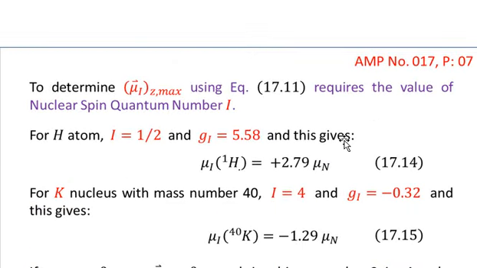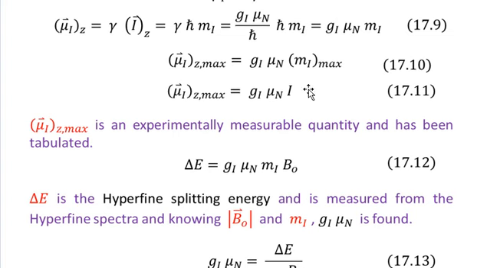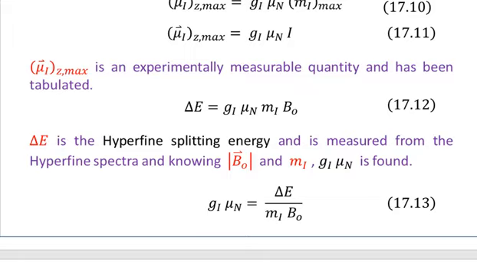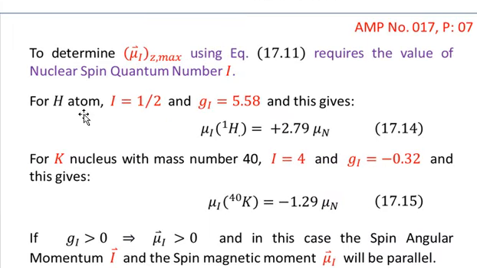You see that to determine the maximum value of the Z component of the nuclear magnetic moment, it requires the value of the nuclear spin quantum number I. So from equation number 11, if the value of spin quantum number I is known, you can determine the maximum value of the Z component of mu I. For the hydrogen atom, the value of I is equal to half, that is, the spin quantum number is half, and the corresponding Gi value is 5.58.